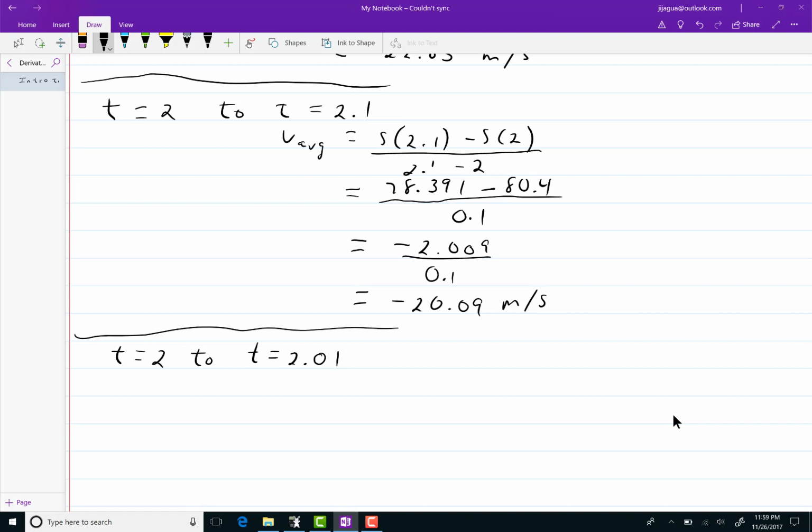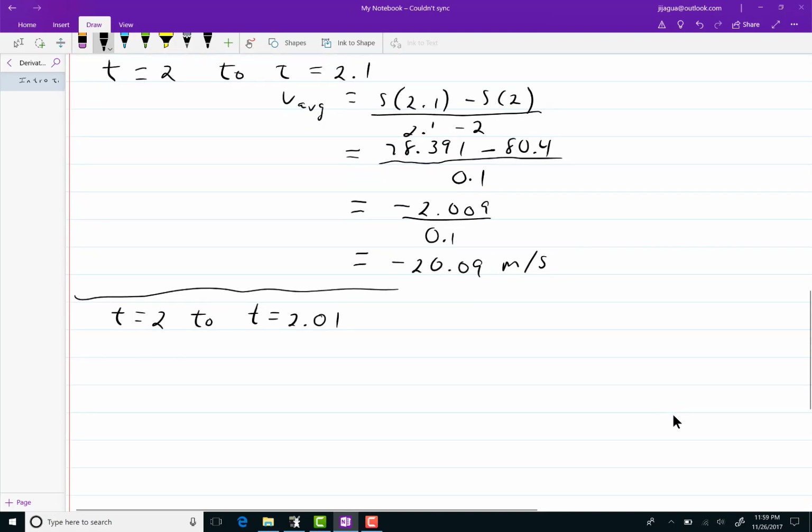As I keep doing this, I'm going to take the limit of all these processes and allow t to approach 2. But for a while, I want you to see how the numbers are stacking up. In this case, the average velocity on this small interval is s of 2.01 minus s of 2 all over 2.01 minus 2 meters per second.